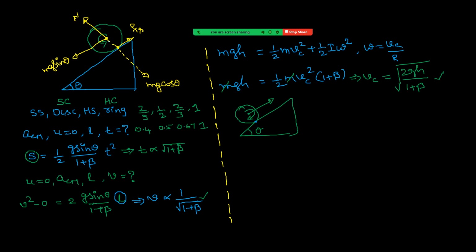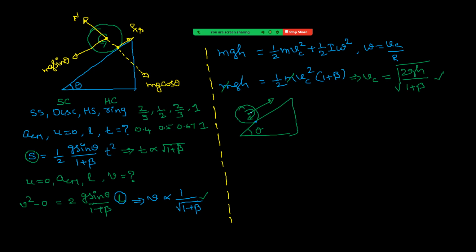And we have learned that torque is only because of friction, because weight and normal reaction pass through the center of mass, so no torque is produced about the center of mass by them. So about the center of mass, torque is only due to frictional force.